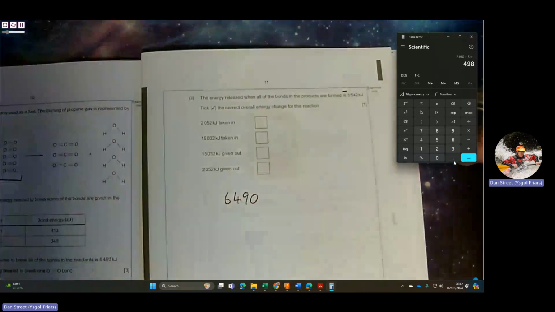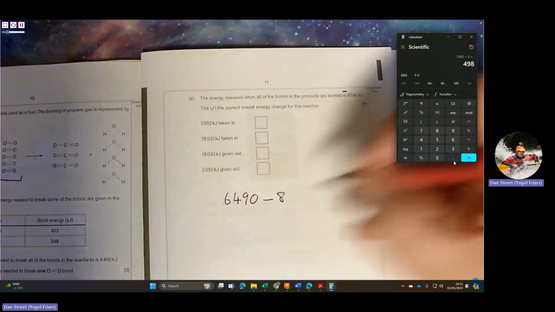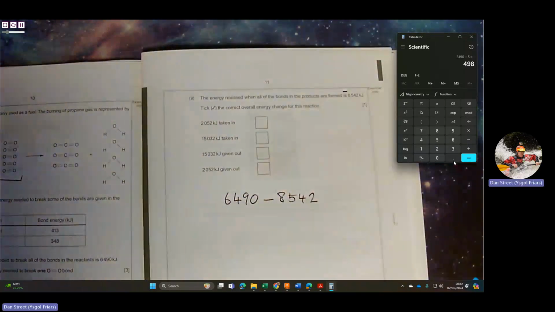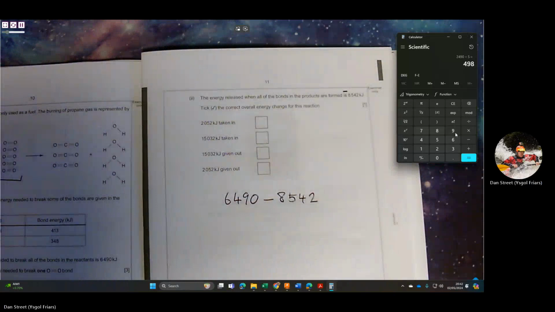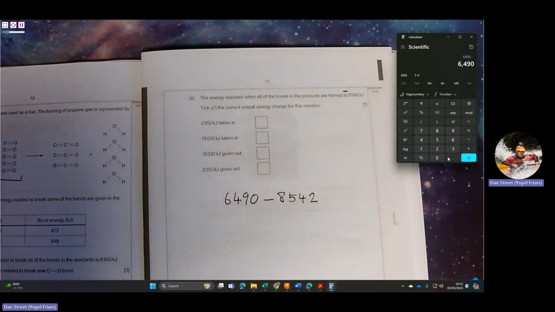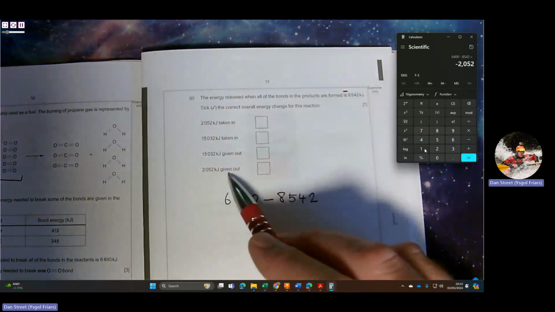So to calculate the overall energy released, because of course the energy required to break the bonds is taken out of that, we can do the calculation 6490, because that was the total value, take away the energy released, 8542. If we do that calculation, 6490 take away 8542 gives us minus 2052 given out.